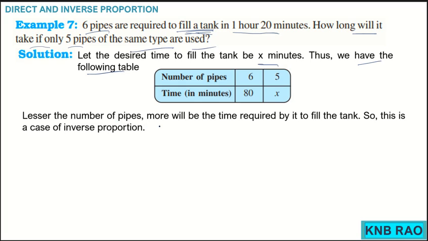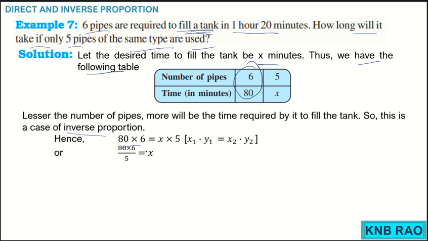The fewer the pipes, the more time will be required to fill the tank. So this is the case of inverse proportion. In inverse proportion, the product of 80 and 6 should equal 5 and x. So 80 into 6 equals x into 5, and if I transpose the multiplicand, it divides.